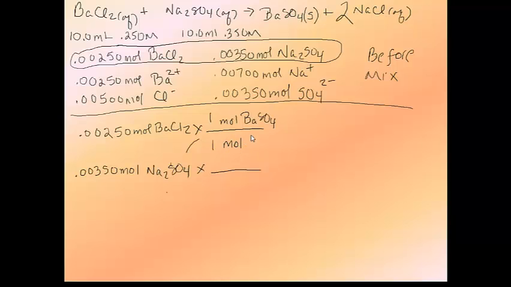For every 1 mole of barium sulfate, I need 1 mole of barium chloride. For every 1 mole of barium sulfate, I need 1 mole of the sodium sulfate. It's a 1-to-1 ratio.